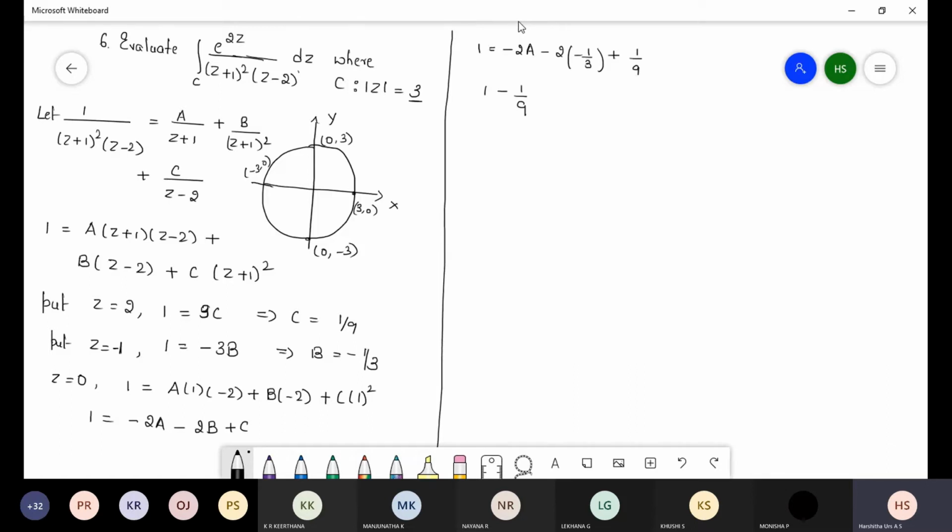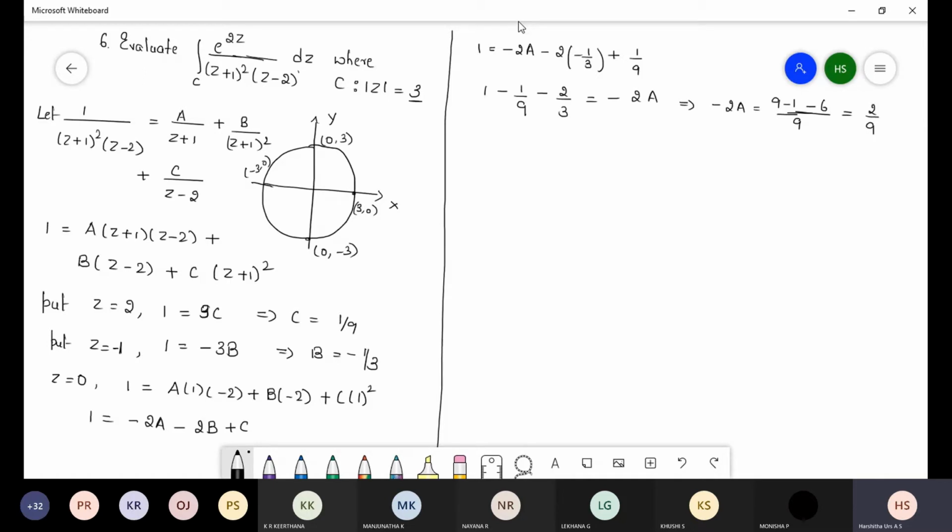So 1 minus 1 by 9, minus into minus is plus. When you shift this plus 2 by 3, we get minus 2 by 3 is equal to minus 2a. Taking LCM 9, we get 9 minus 1 minus 6, so 9 minus 7 is 2 by 9.